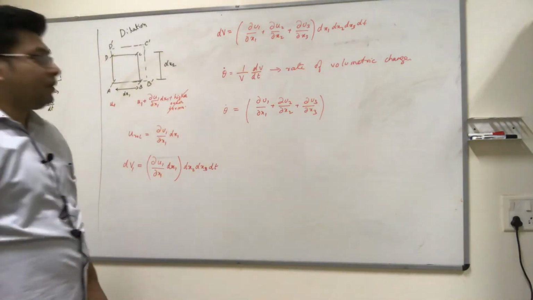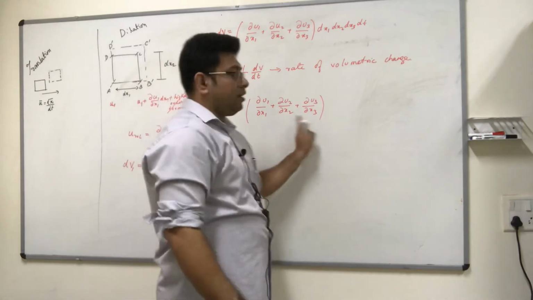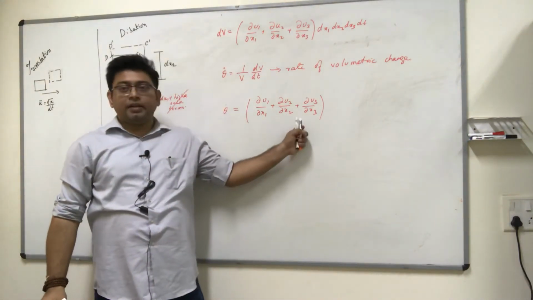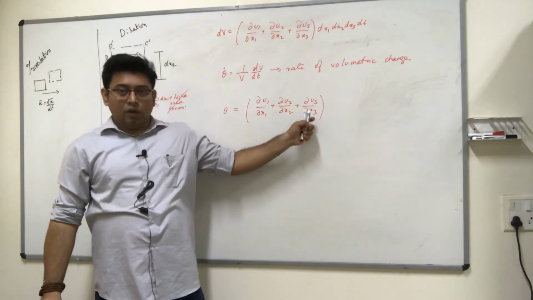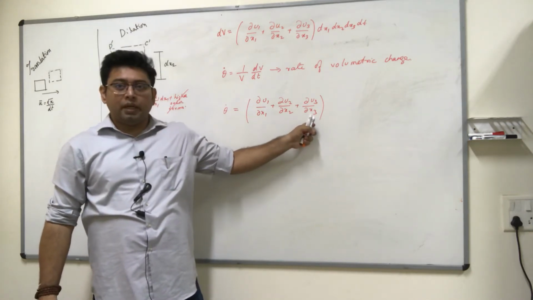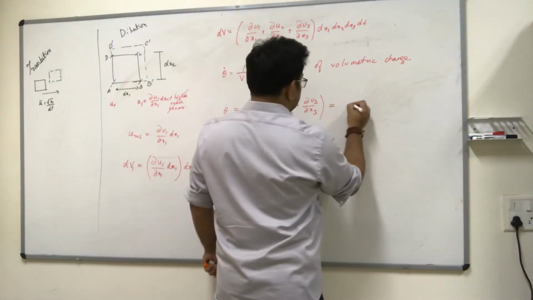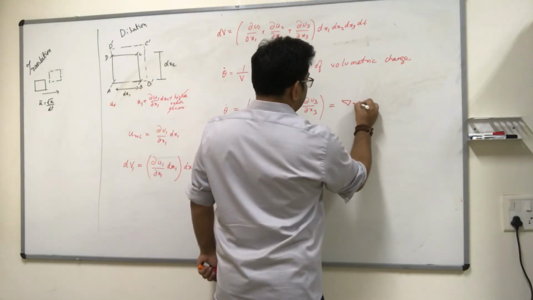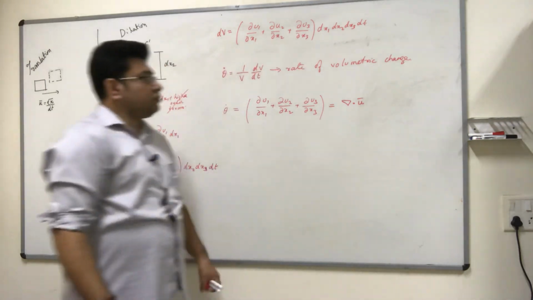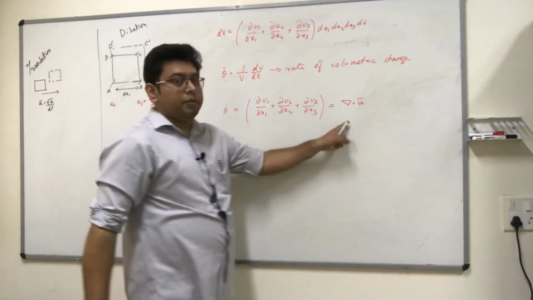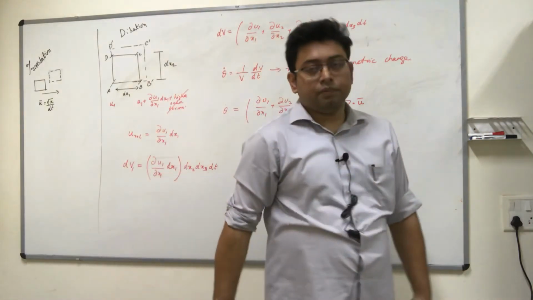Does this remind you of something? We had been looking at some of these tensors and vectors in some of the earlier classes. So hopefully you remember some of those mathematical preliminaries. Does this remind you of something? This is equal to, if I had to write it in vector form, it would be this, right?